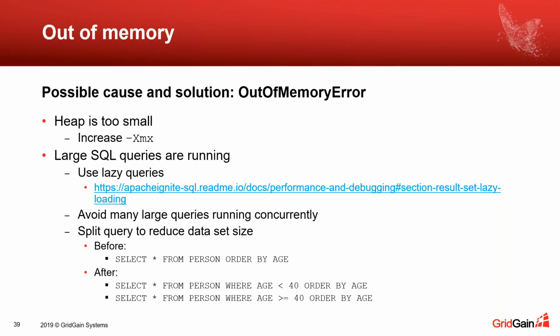And finally, if nothing helps, and you see that you have this giant query, say you can't use lazy with that, and it just does not fit into your heap, and you can't even increase it, then you might need to split the query and change how it looks so that it returns less data.